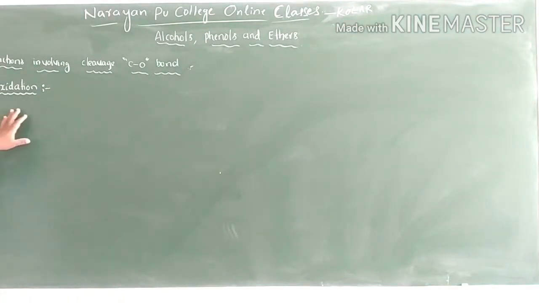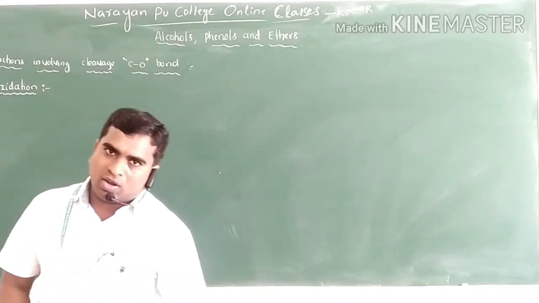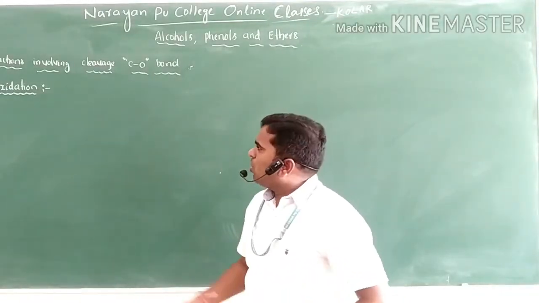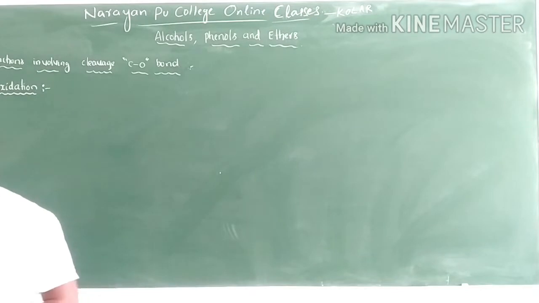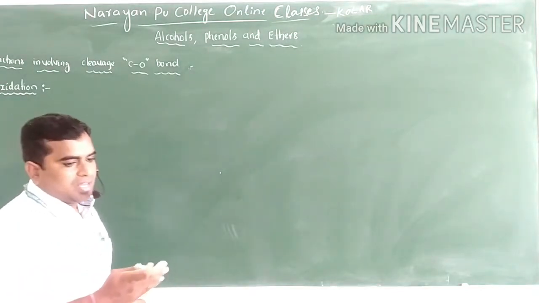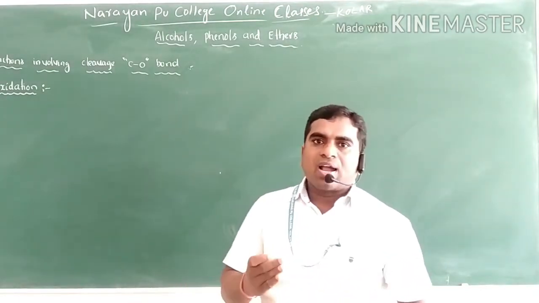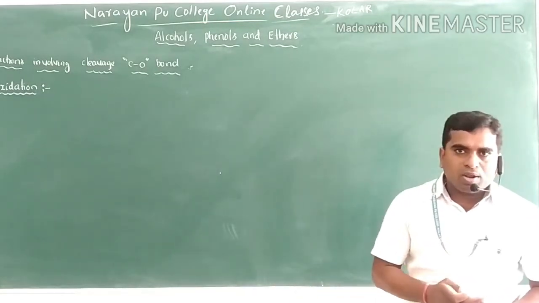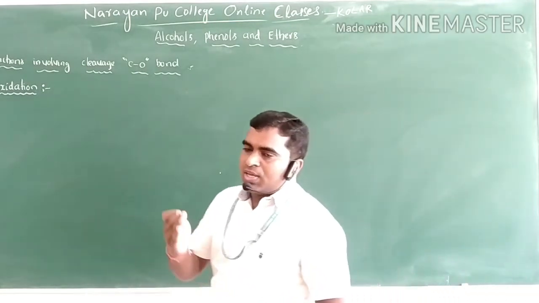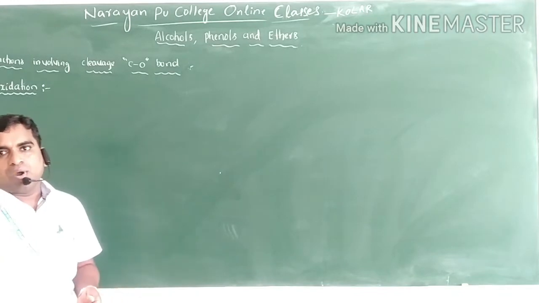So now the next concept is oxidation of alcohols. Oxidation of alcohols involves the formation of a carbon-oxygen double bond by breaking the CH bond and the OH bond.